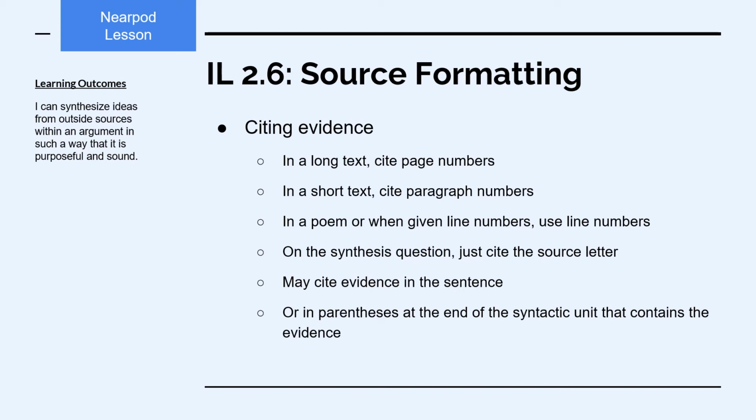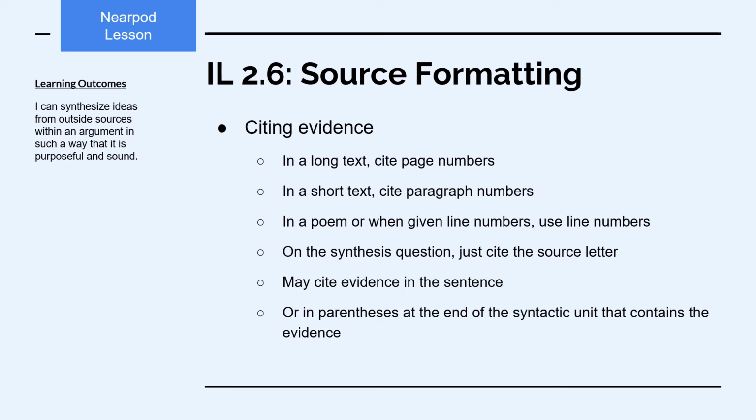The reason why you don't always put it at the end of a sentence is because sometimes a sentence can contain both synthesized evidence from a text and your own commentary on that text. We do this all the time with compound and complex sentence structures, right? And so if you save a citation for the end of the sentence, now it becomes confusing what actually the synthesized information is, especially if you've used only paraphrasing, right?